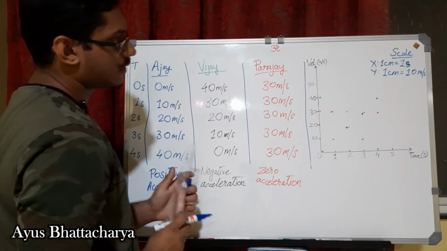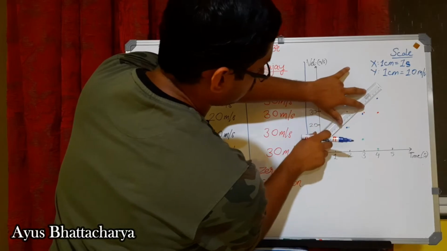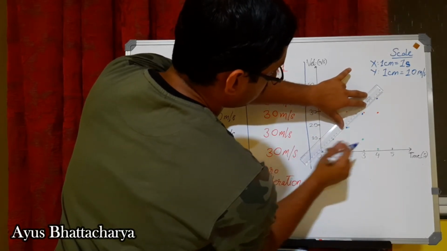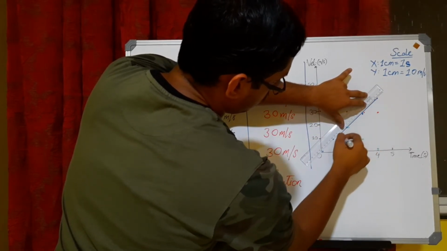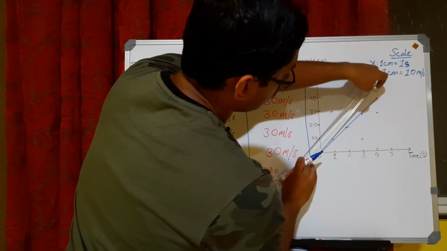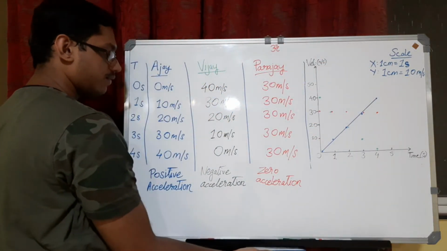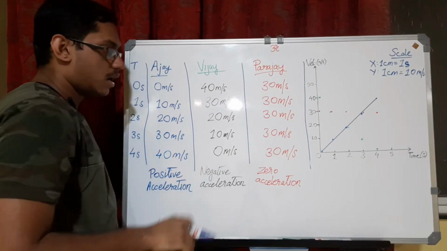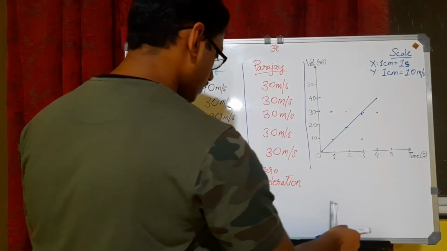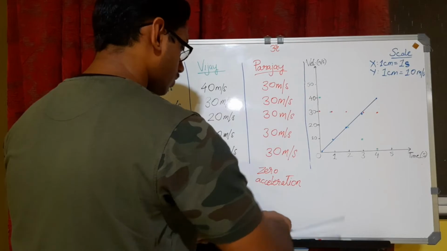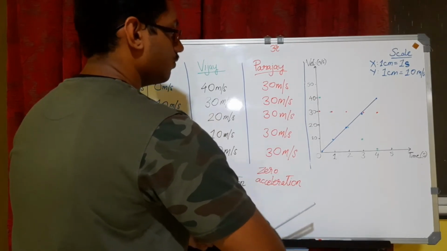See, a straight line for Ajay. Also it will be a straight line for Vijay also.